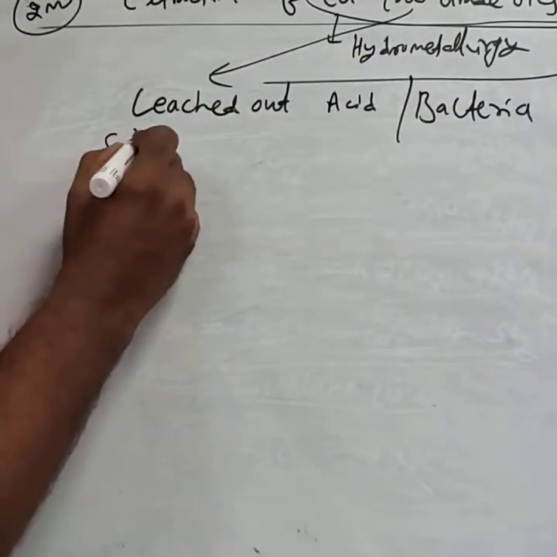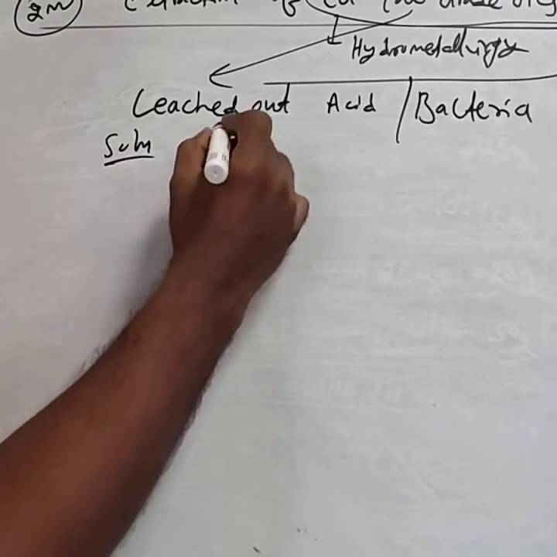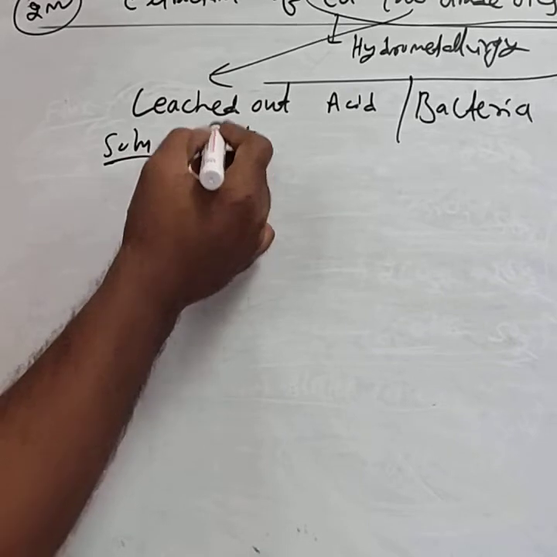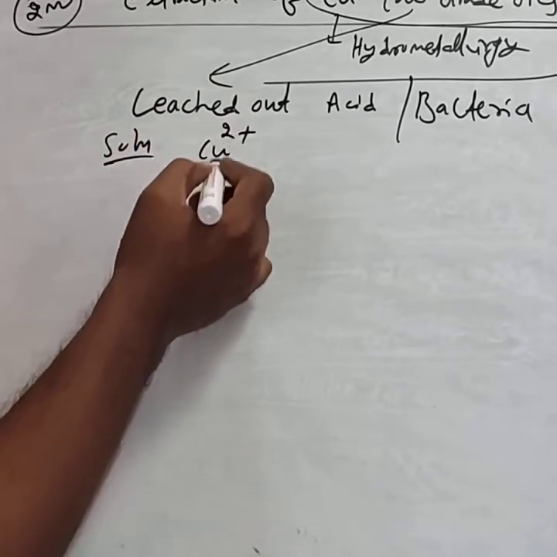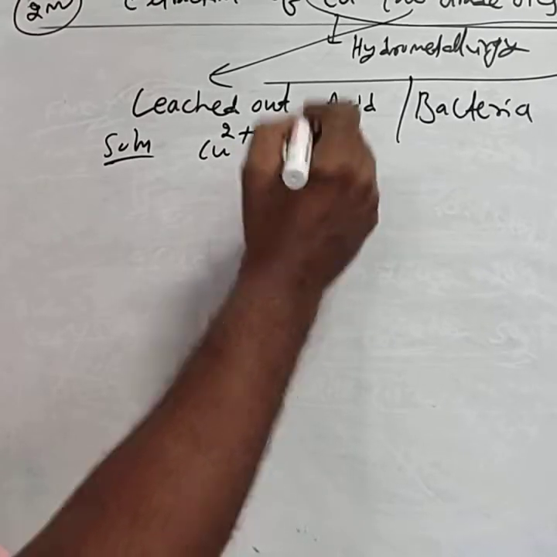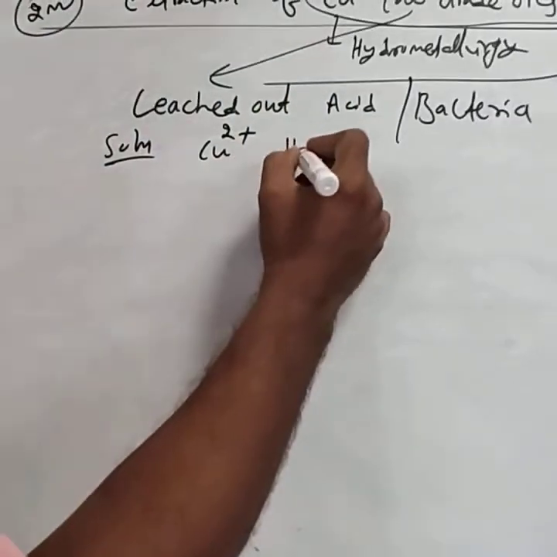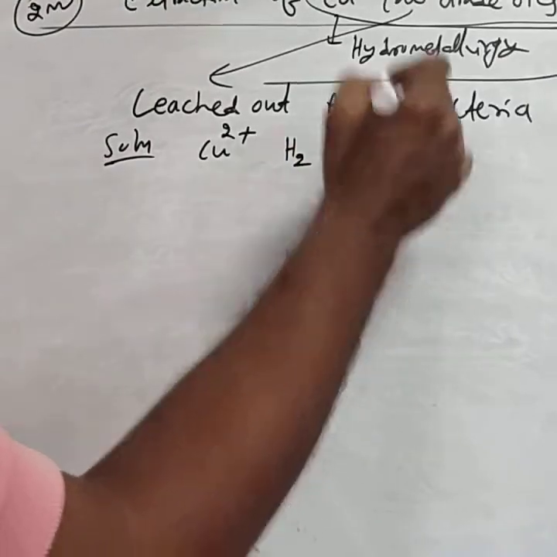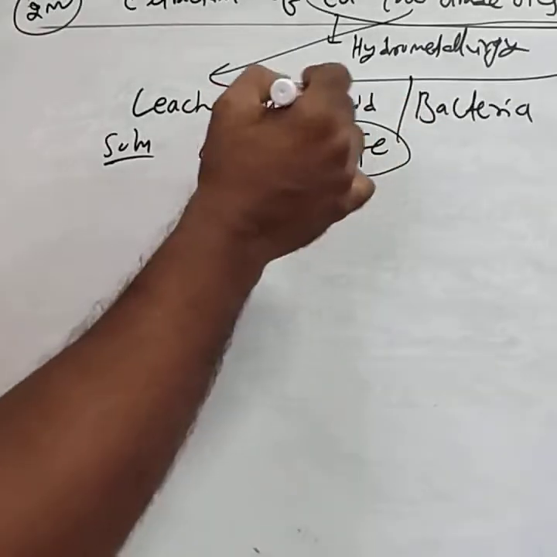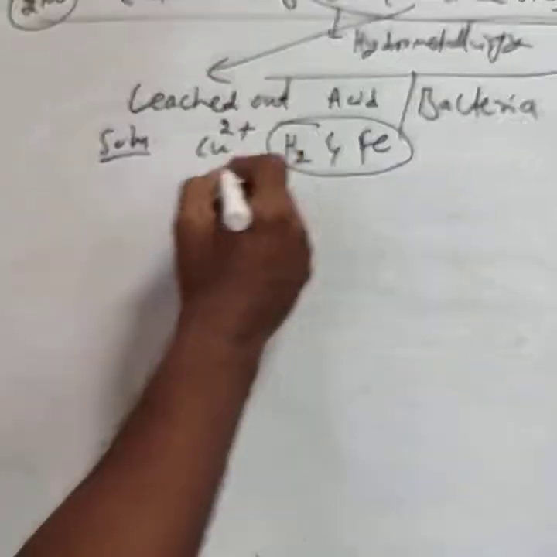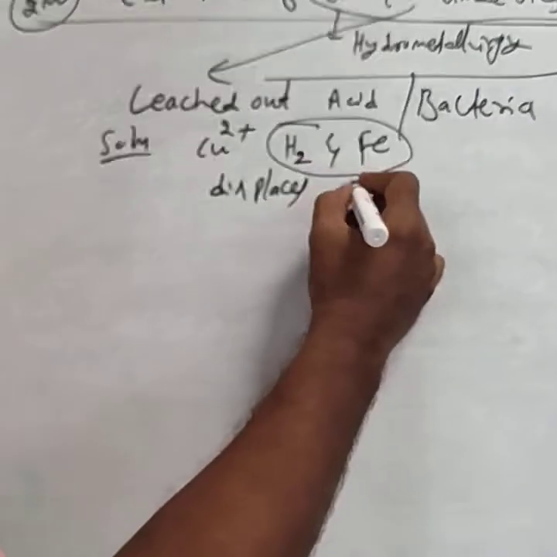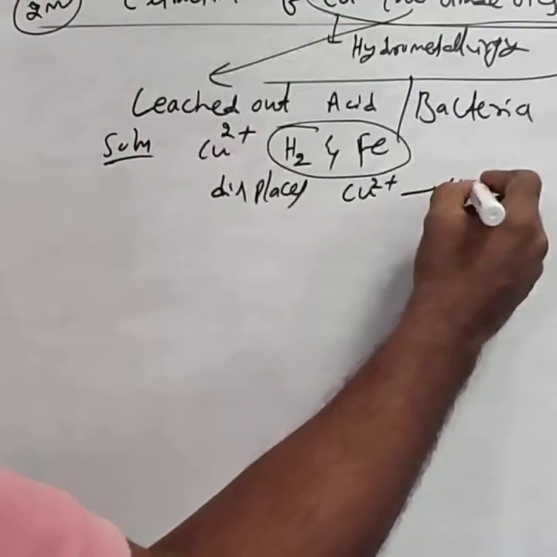Then the solution containing Cu2+, since copper dissolved in the acid is present in the form of Cu2+, is treated with hydrogen or iron. Hydrogen or iron displaces Cu2+ to Cu.